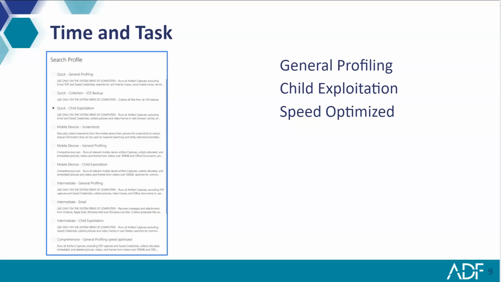And this is depending on the profile selected. Comprehensive search profiles with Speed Optimized identify files using file header analysis only on files that do not have a file extension. This option will gather more files, such as files contained within cache or files that are created by applications that do not specifically create a file extension. Quick and intermediate search profiles are speed optimized by default.